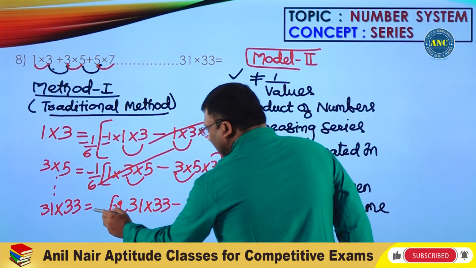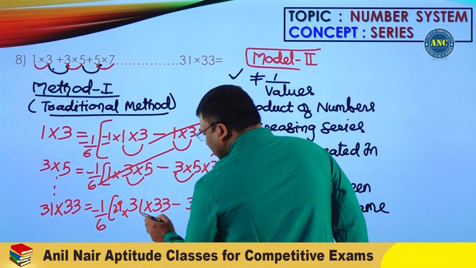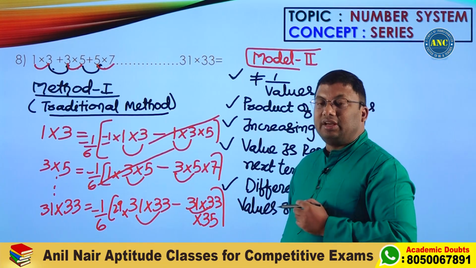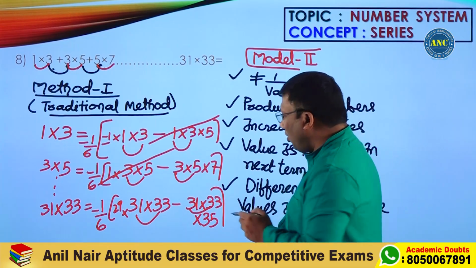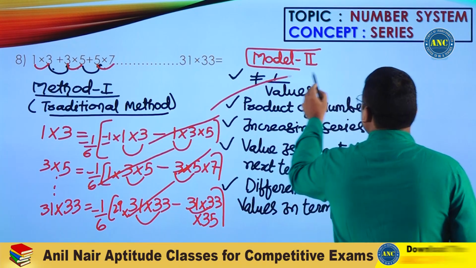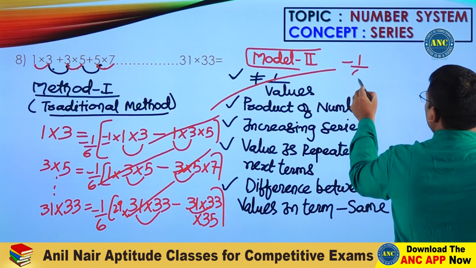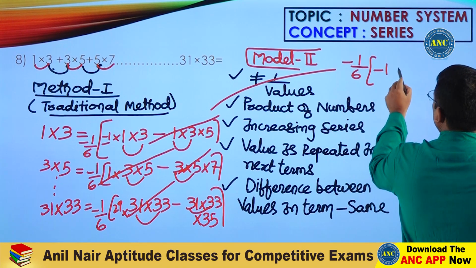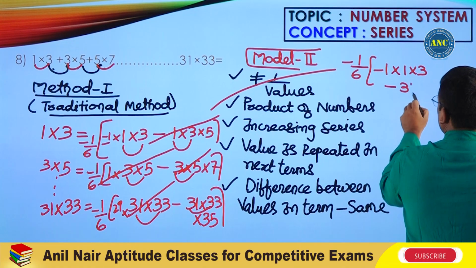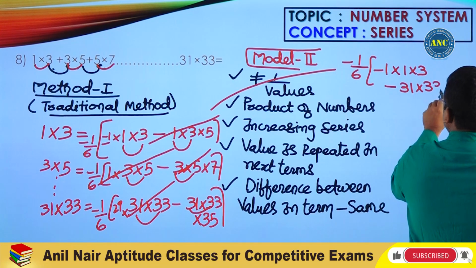Again it is minus 1 by 6. 31, 33 common, 29 minus 35 is minus 6. All middle values are cancelled. So the answer for this question is minus 1 by 6 into minus 1 into 1 into 3 minus 31 into 33 into 35. Write down as it is.